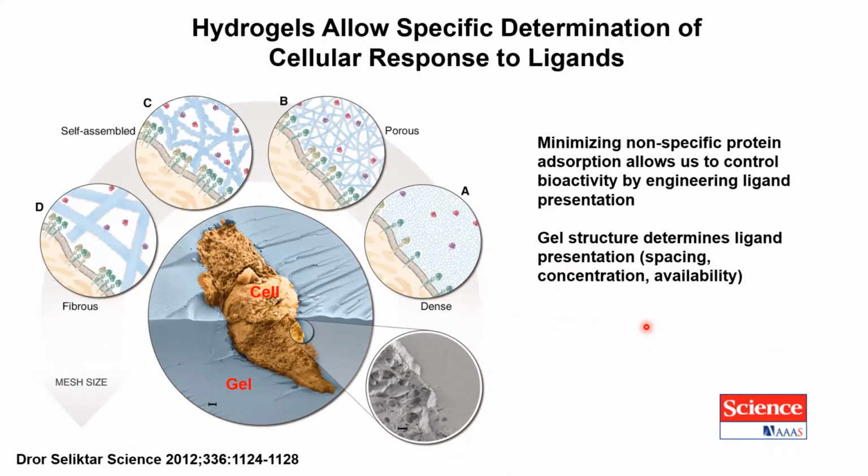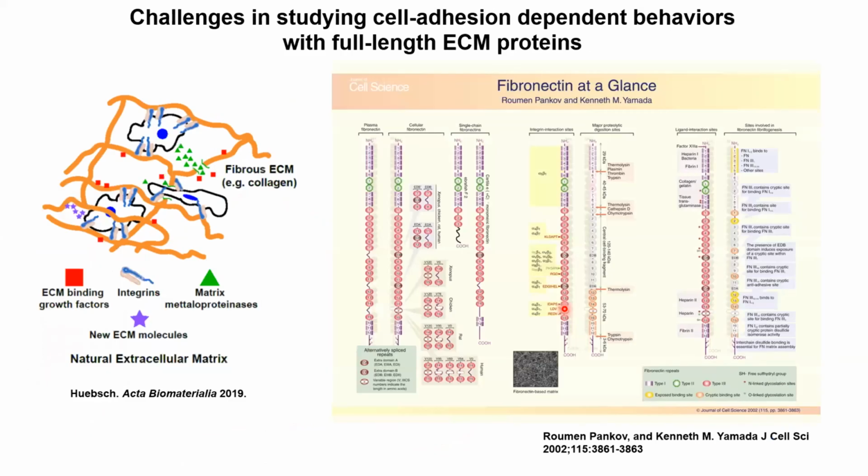On a very basic level, what this allows us to do is encode stiffness and ligand density independent of one another, but probably just as important, extracellular matrix proteins from the environment are unlikely to stick to this material. So from an experimental design perspective, what we put in is a little bit closer to what the cells actually see than when we use natural ECM, which can bind other ECM proteins, or surfaces like polystyrene.